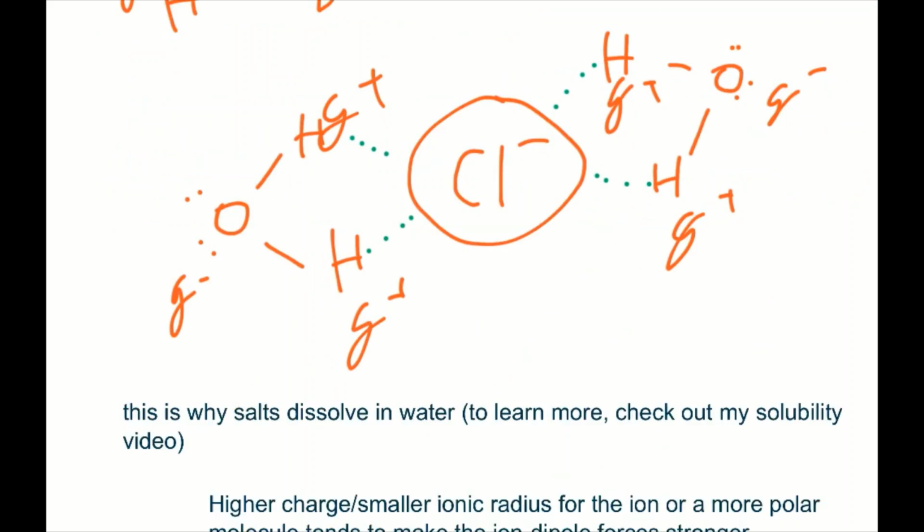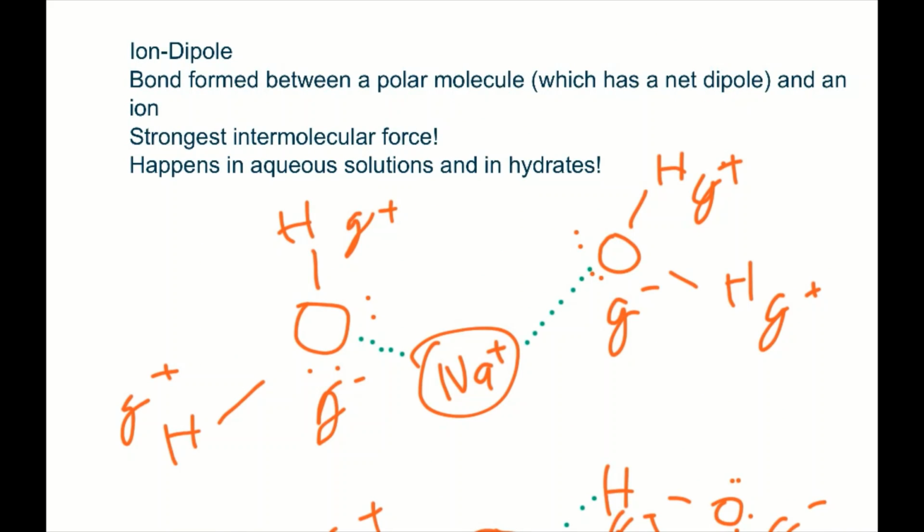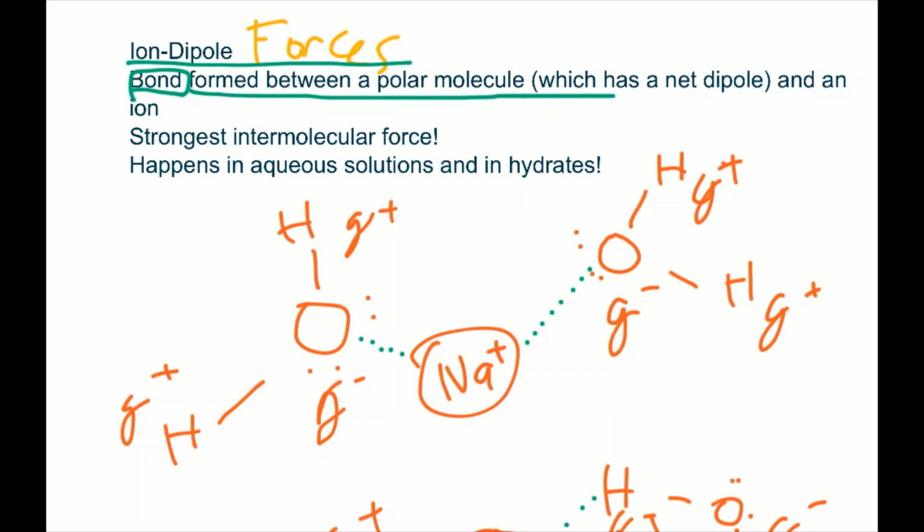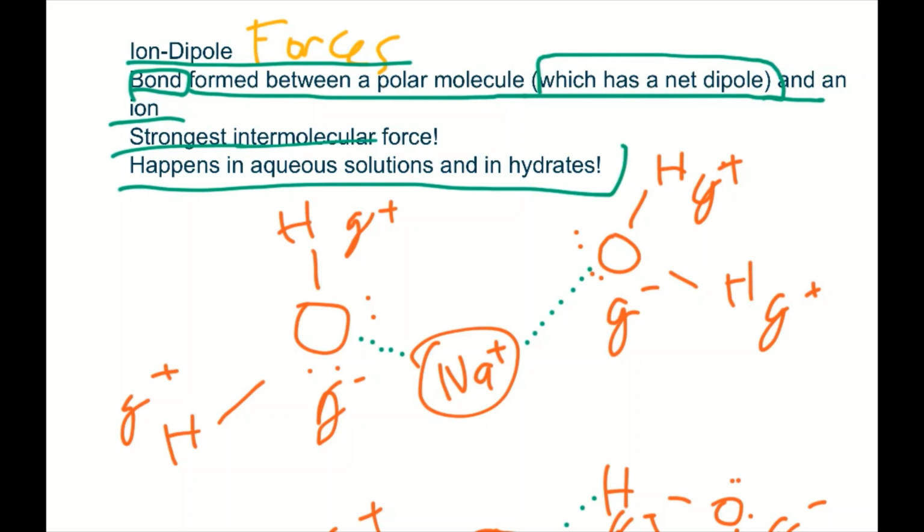Now let's talk about our next intermolecular force. This one's the strongest one. These types of forces are called Ion-Dipole forces, and they are forces, or you could think of them as bonds, formed between a polar molecule, which has a net dipole, and an ion. So again, it's the strongest intermolecular force, and it happens in aqueous solutions and in hydrates.